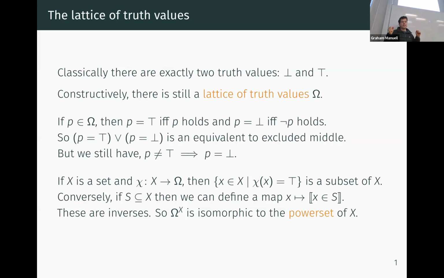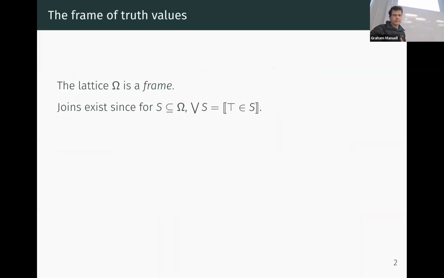So we can say that Omega to the X is the power set of X. Just like classically you'd say 2 to the X, constructively we don't use 2 to the X, but we use Omega to the X, and it gives the power set of X.